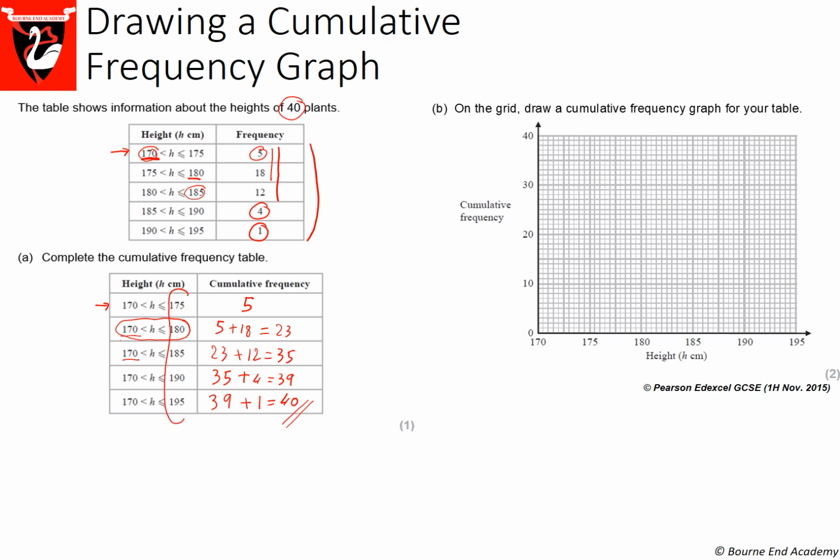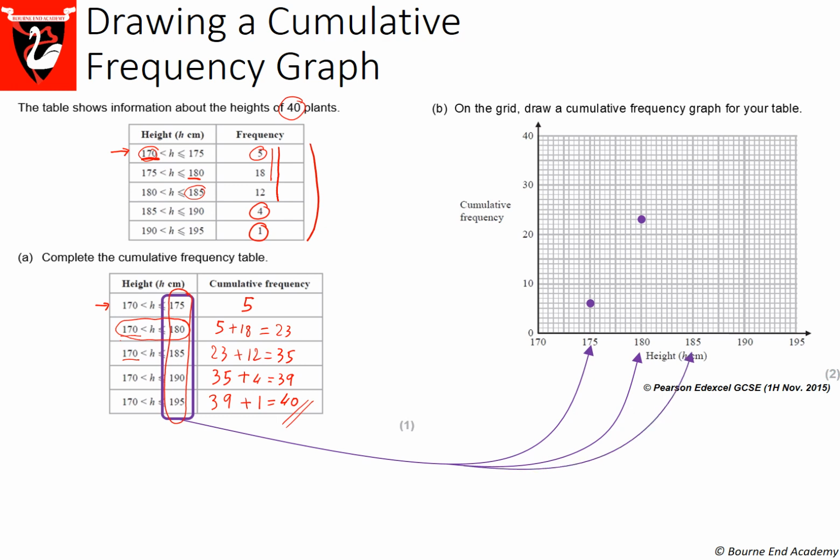You are going to need to plot the cumulative frequency against the height. So what does this look like? Your 5 at the top will need to come up at 175 on your graph, and you're going to place your point with a height of 5, and you keep going.